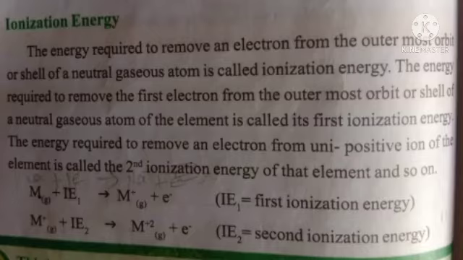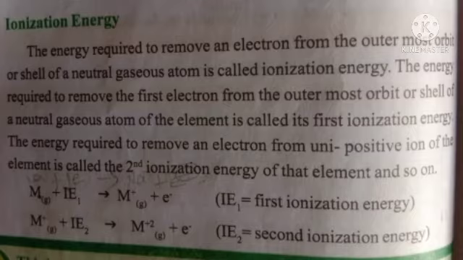After removing one electron from an atom, it becomes an ion. For example, sodium has electronic configuration 1s2, 2s2, 2p6 and 3s1. Here the outermost shell has 8 electrons after 1 electron is removed. That is the sodium ion, which has lost an electron, and is called a cation.